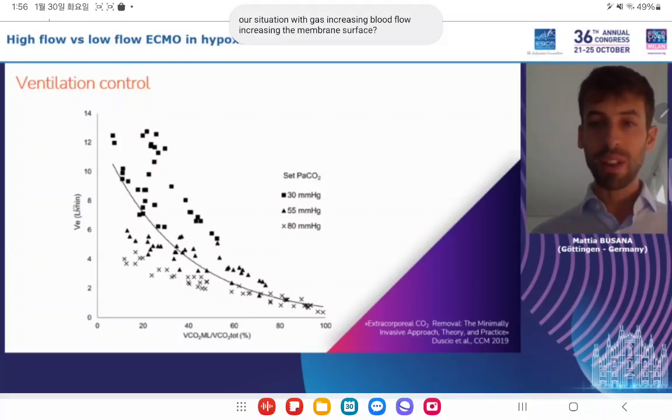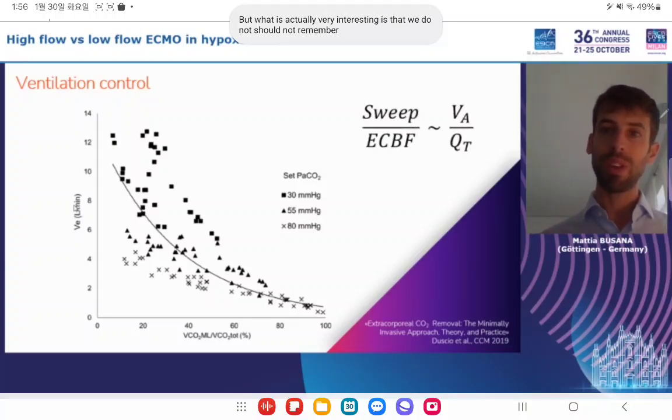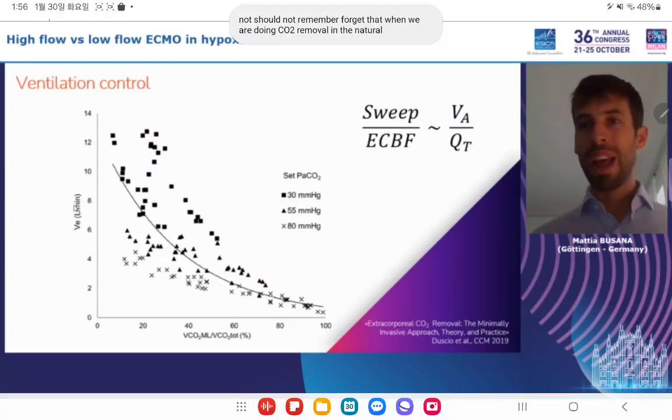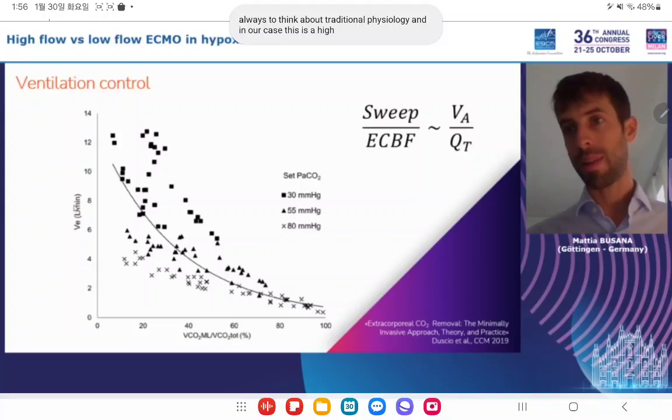But what is actually very interesting is that we should not forget that when we are doing CO2 removal in the natural lung, we need a compartment with a high ventilation to perfusion ratio, right? We always need to think about traditional physiology. And in our case, this is a high sweep gas flow for very little blood flow.